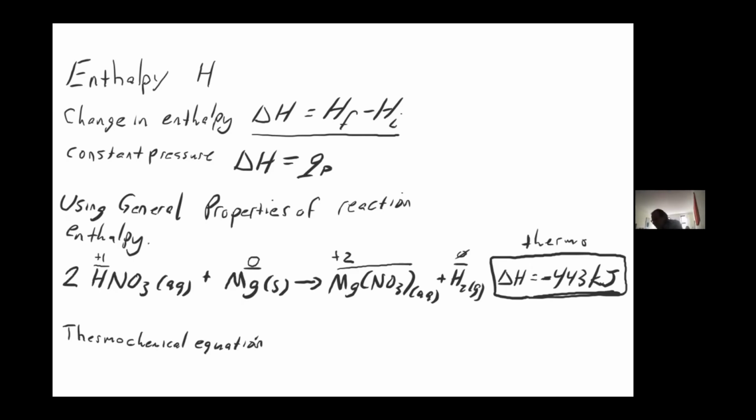Notice it's negative. That means it's exothermic. The meaning of exothermic is that heat goes out. So from a practical perspective, that means there's energy leaving the system. As this reaction occurs, it's producing energy. It's not actually producing energy, producing is a technical word, but it's releasing energy.